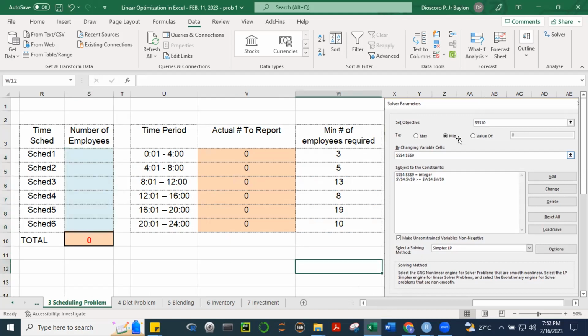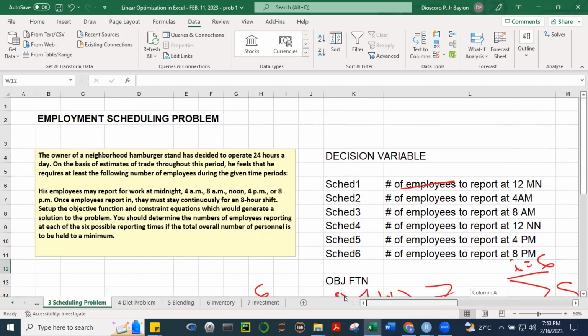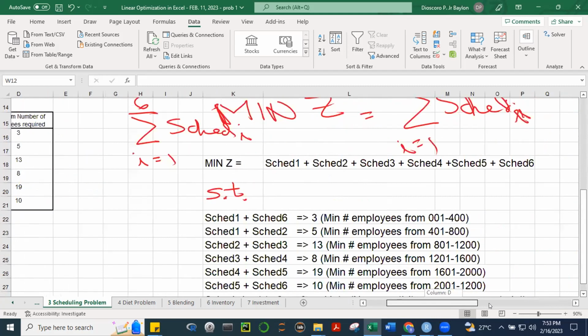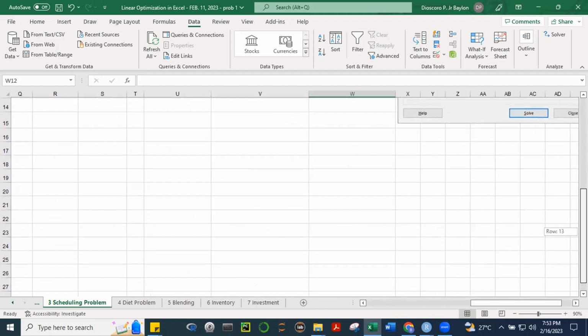Okay. So again, when you submit your case study, or the case study that I'm going to provide you, make sure that you do it this way. Of course, the initial one will be you have to define your decision variables. It should be clearly defined, and then the objective function, and then the constraints, and then the model itself.